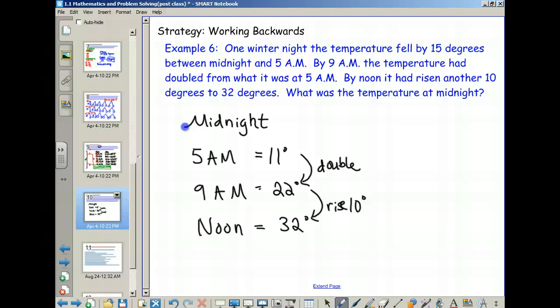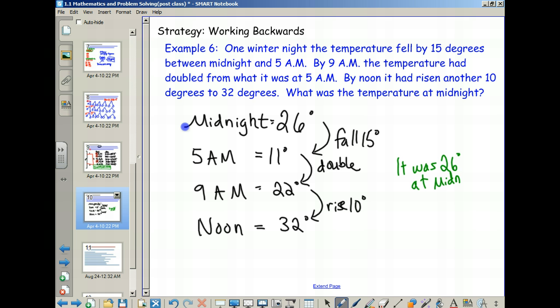You add 15 to the 11, so it's 26 degrees. And it's supposed to fall here 15 degrees. So my solution after doing all of this was that it was 26 degrees at midnight.